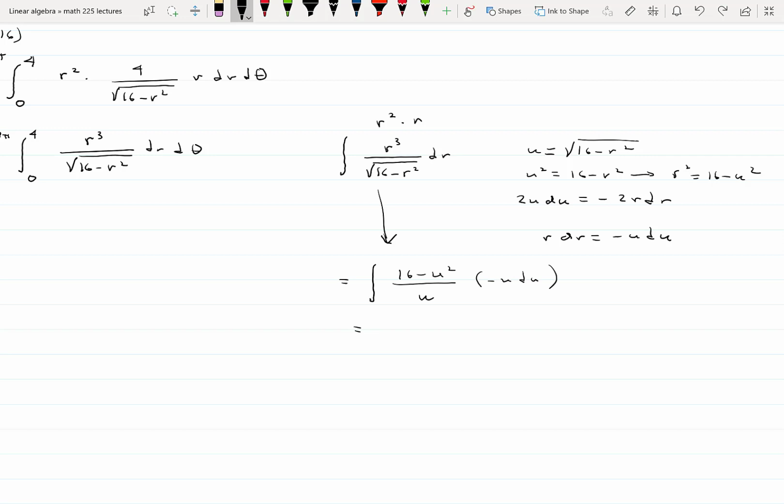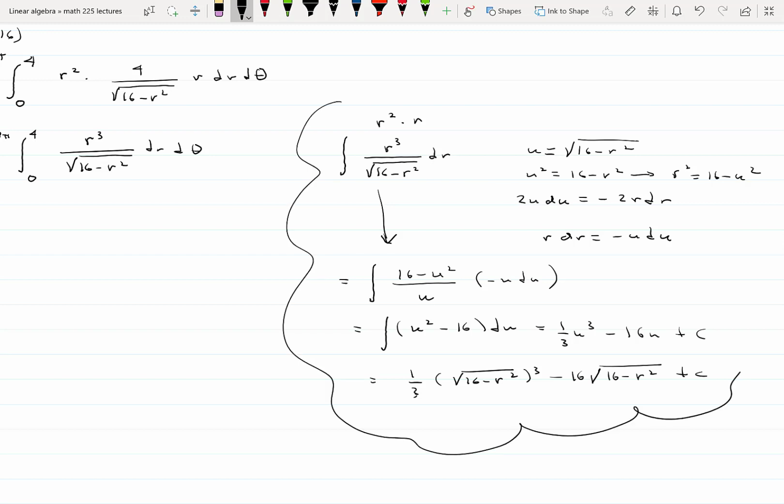Integral u squared minus 16 du, or 1/3 u cubed minus 16u plus a constant. Now u is that square root, so 1/3 the square root of 16 minus r squared cubed, minus 16 times the square root of 16 minus r squared plus a constant. So there's our integration in a cloud.